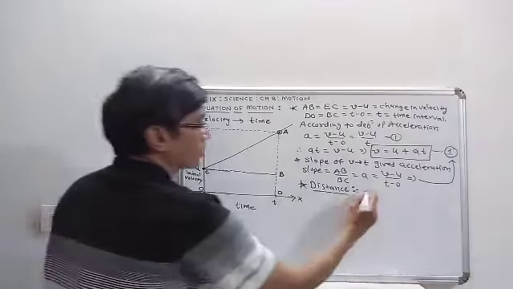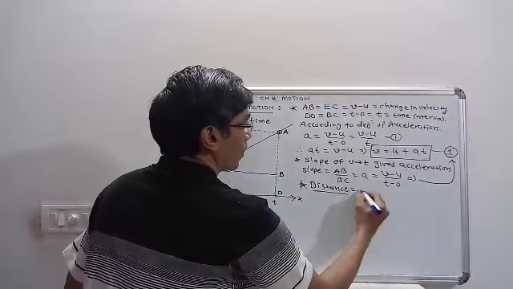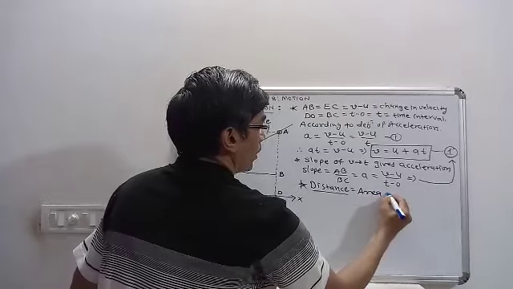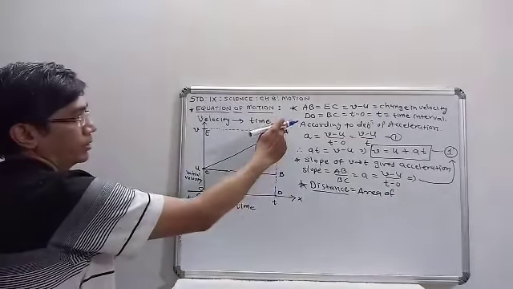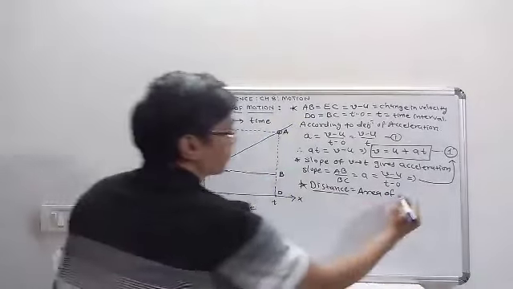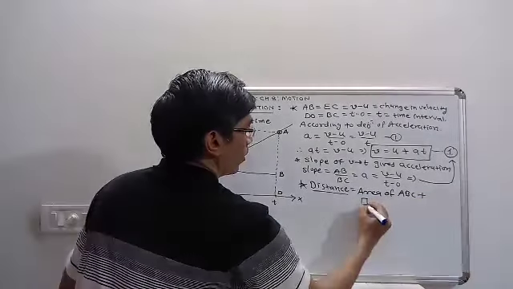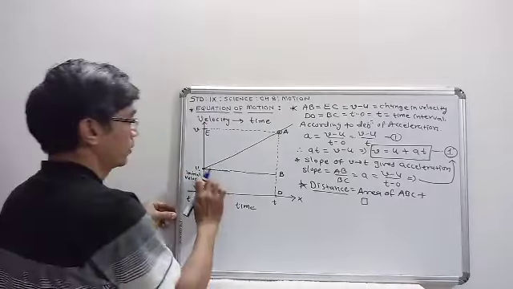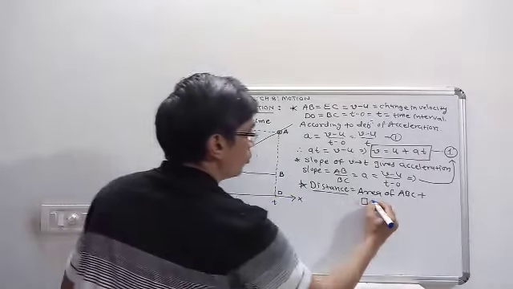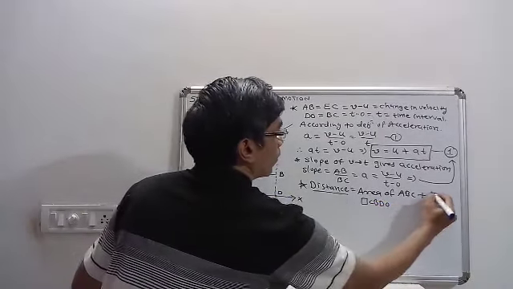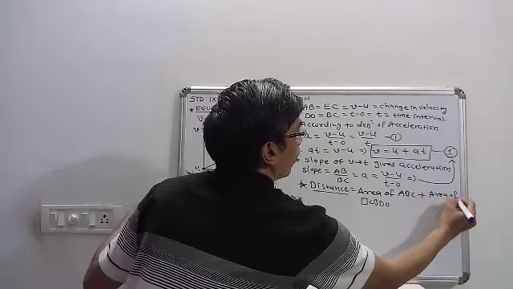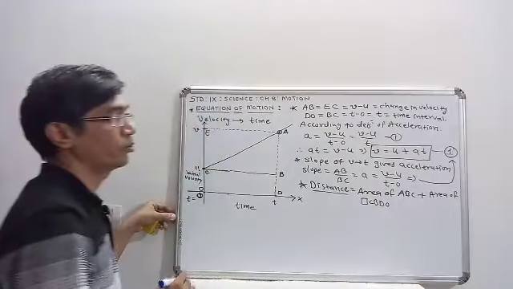So here the distance is given by the area of the triangle ABC plus the area of the rectangle CBDO.